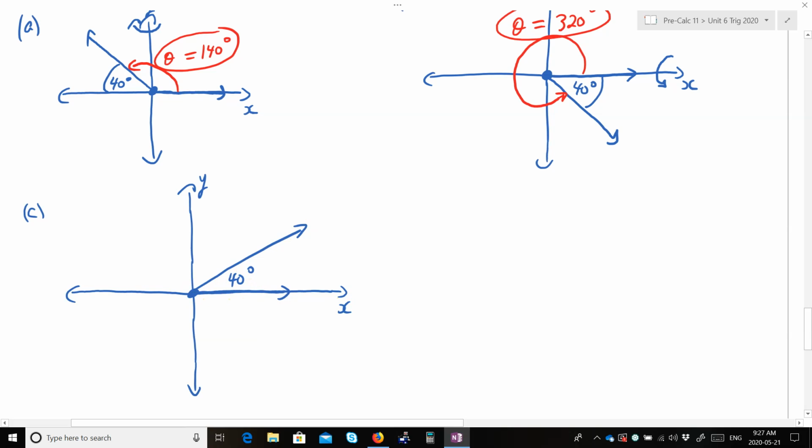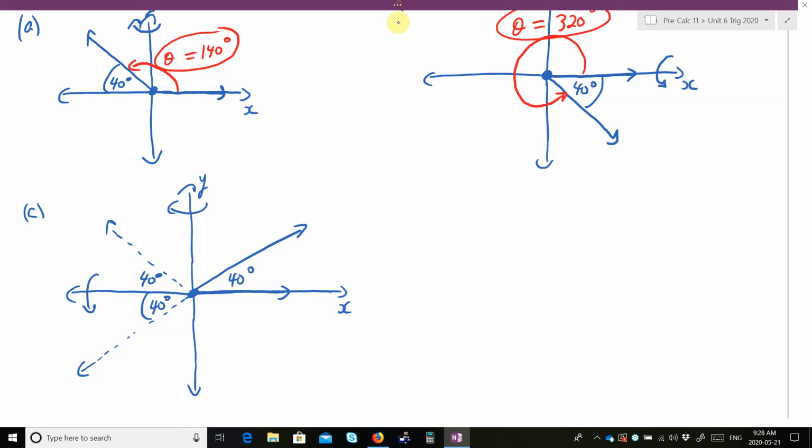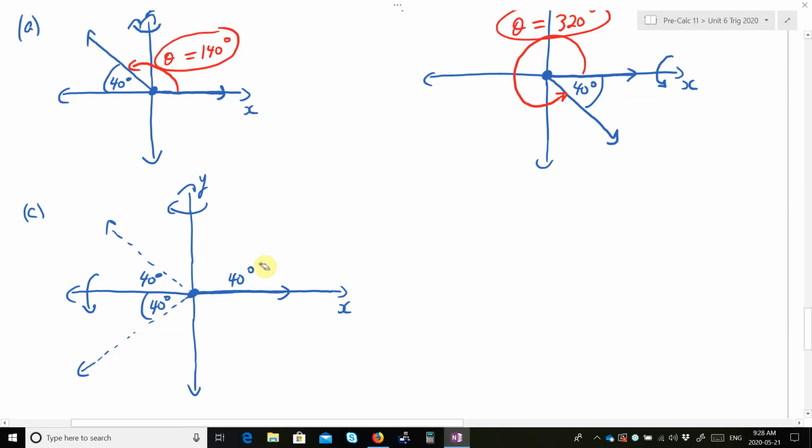We have an angle of 40 degrees and it's reflected in the y-axis, so it's going to be reflected this way first, which puts the 40 degrees here. And then in the x-axis, it's reflected this way, which puts the 40 degrees here. Okay, so that's where it's being reflected to, and now we can erase our starting things.